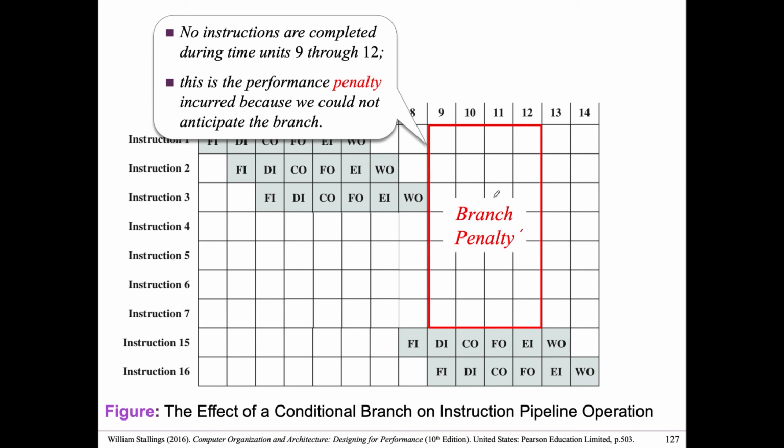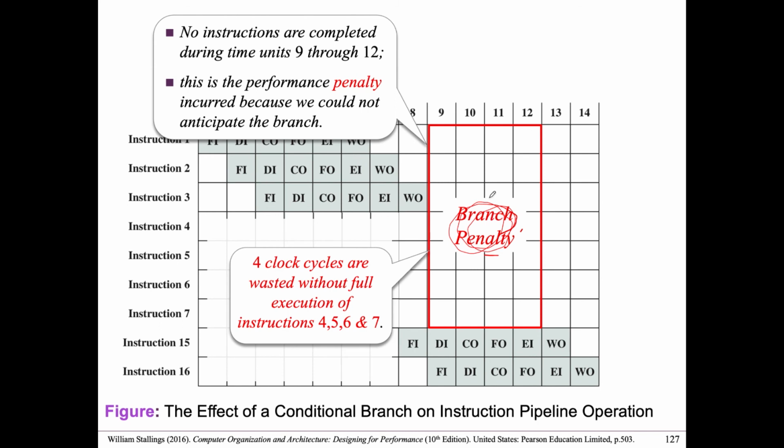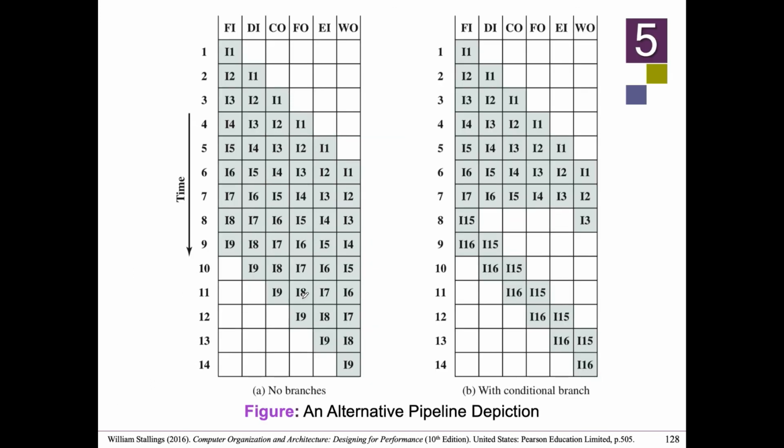And this is called your branch penalty. 4 clock cycles are wasted without full execution of instructions 4, 5, 6, and also 7. So you can have a comparison of your ideal pipeline and an alternative pipeline description with conditional branch.